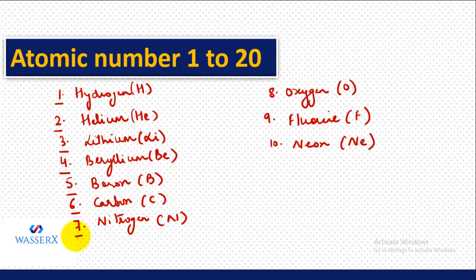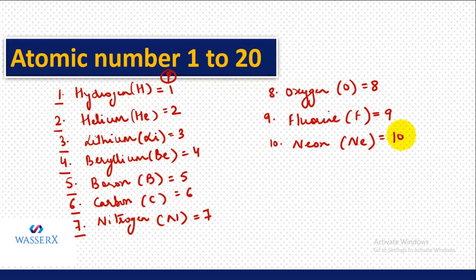And we know that the number of protons is equal to the atomic number. So if I need to know the number of protons in them, hydrogen has 1 proton, helium possesses 2, lithium 3, beryllium 4, boron 5, carbon 6, nitrogen has 7 protons, oxygen has 8 protons, fluorine has 9 and neon has 10 protons, right?